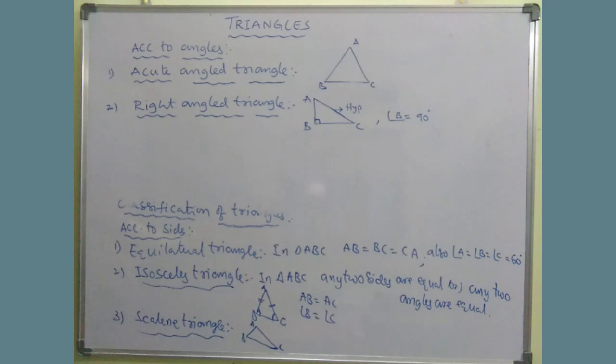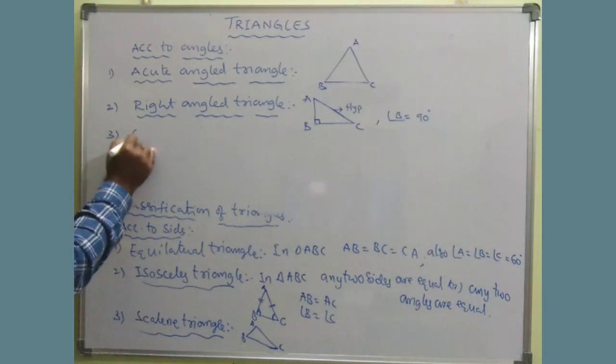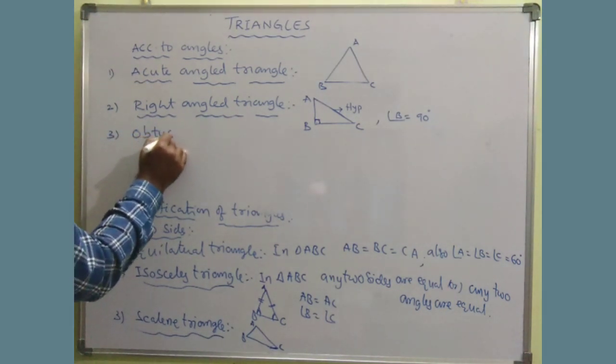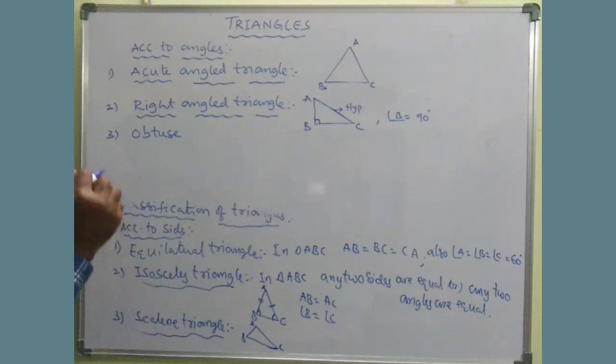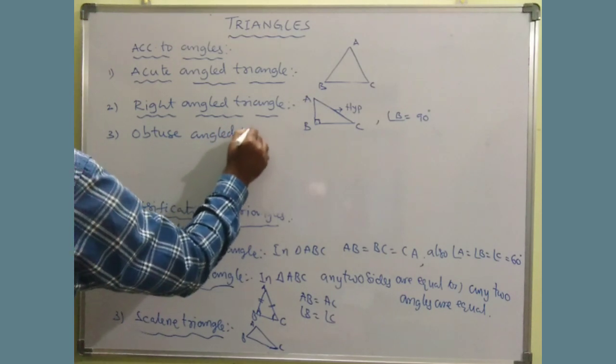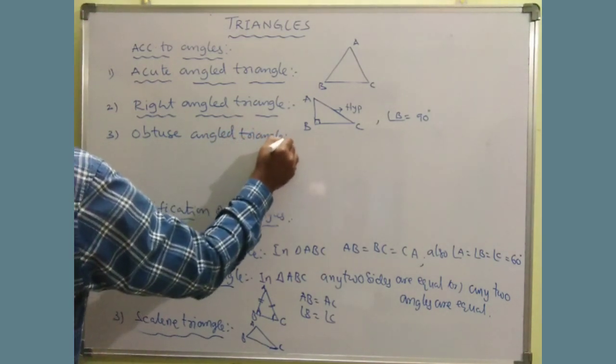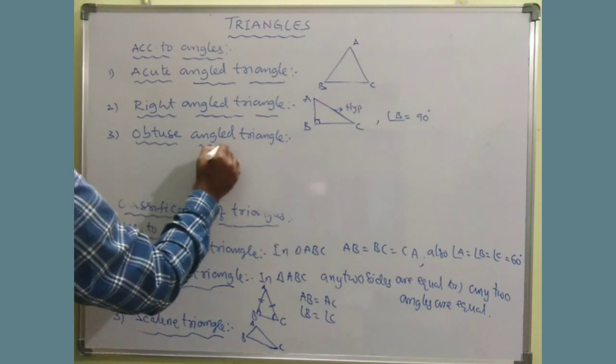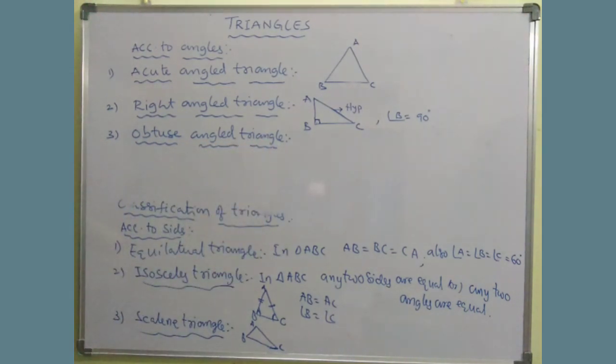And finally the third one, obtuse angled triangle. So very simple, a triangle containing an obtuse angle is called an obtuse angled triangle.